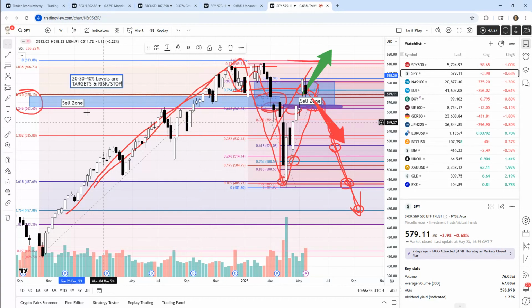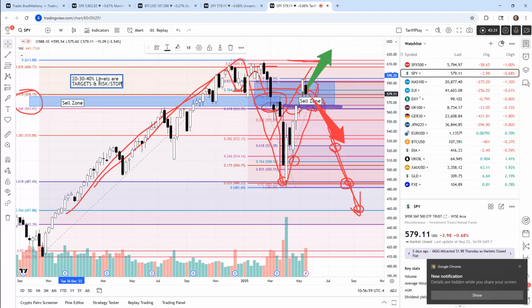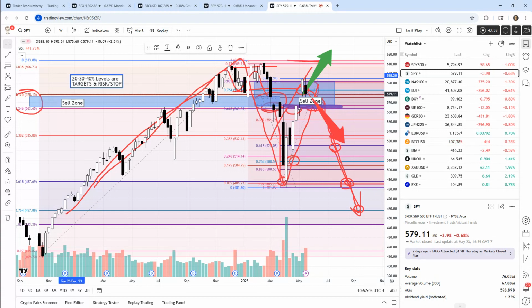If you can get into the manner of thinking that hitting 20, 30, 40% on a target, you need to be able to book it. That's really good money. If you can protect your long trades or any trade with a 20, 30, 40% stop level, remember, if you get beyond 40% on a risk factor, you're taking a 40% loss on a trade, you probably really should close it and just protect your capital. You can always get back into another trade and wait for a better setup.